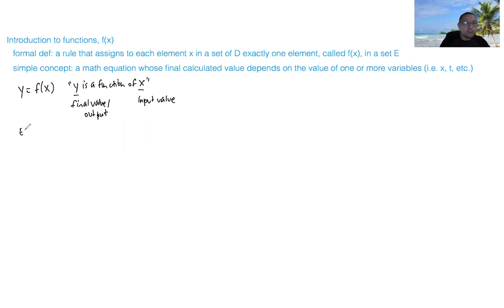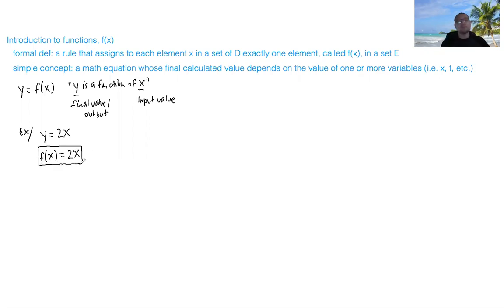For example, let's say I give you this function: y is equal to 2x, or I can write the same thing and just replace y with f of x, because y and f of x in this case are interchangeable, and these two lines represent the same function.